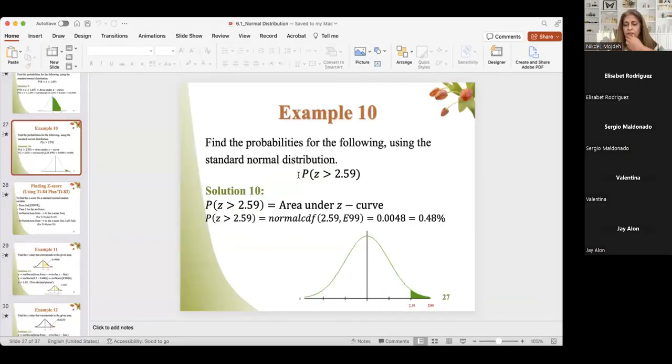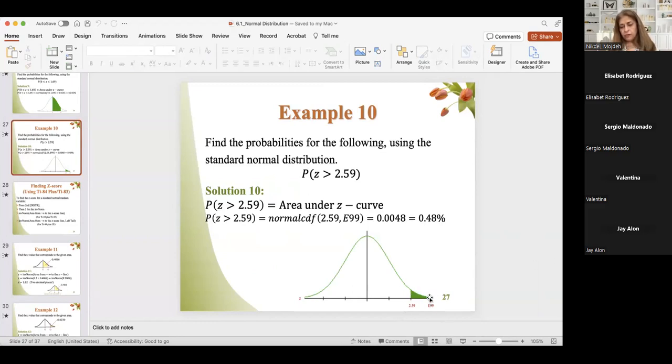Find the probability of z larger than 2.59, z greater than 2.59. It means that you have to find the area under the z curve from 2.59 to positive infinity. So 2.59 and higher.